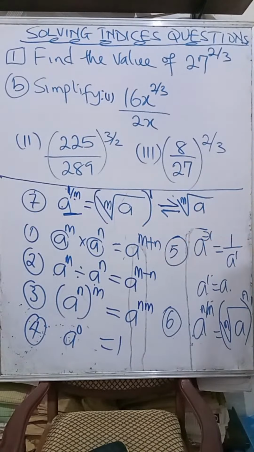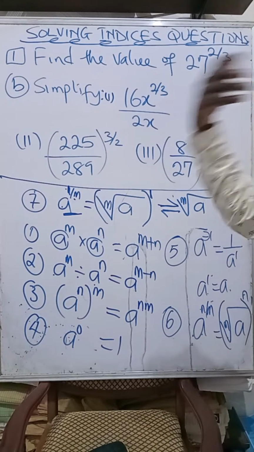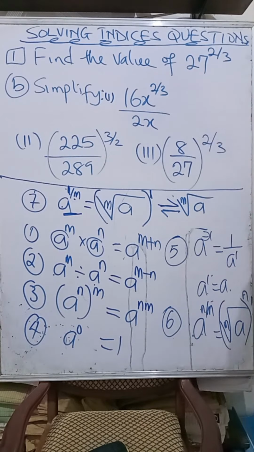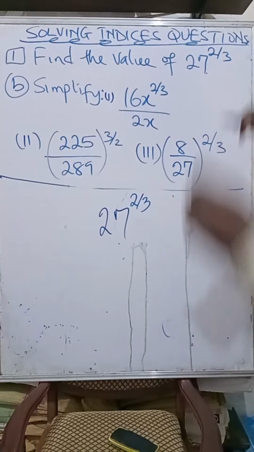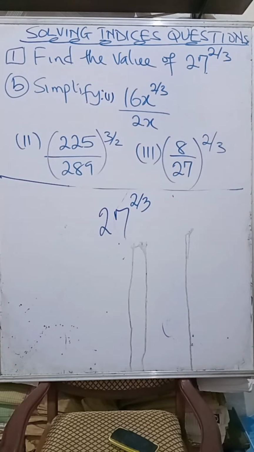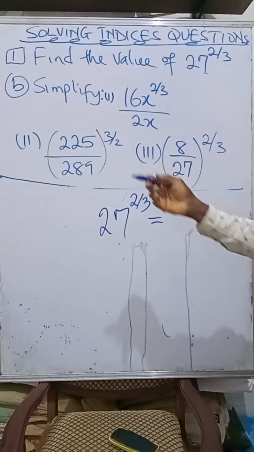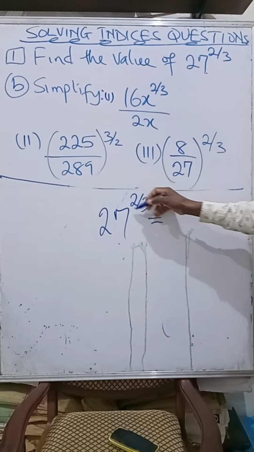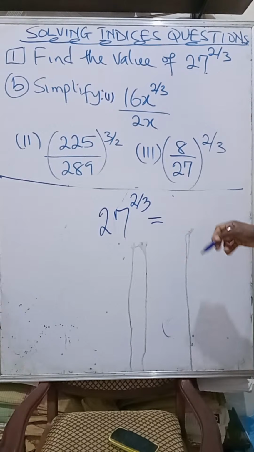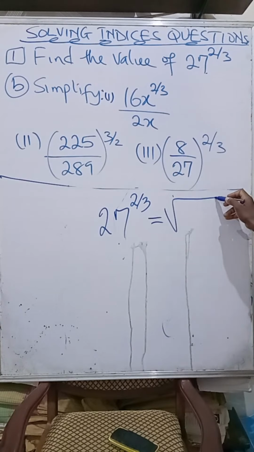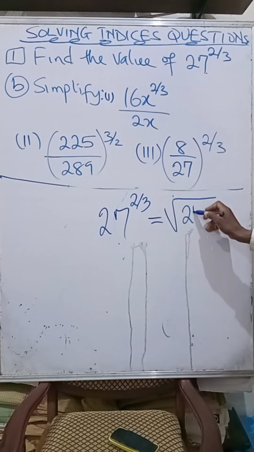If anyone pops up as we are working, I'll also explain to us. 27 raised to power 2 over 3. If you remember one of the laws, where you have the fractional power, it's going to be a root of the base.